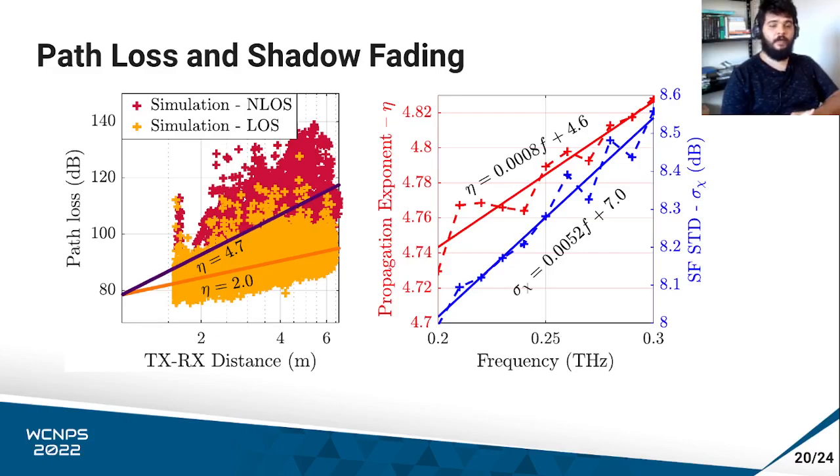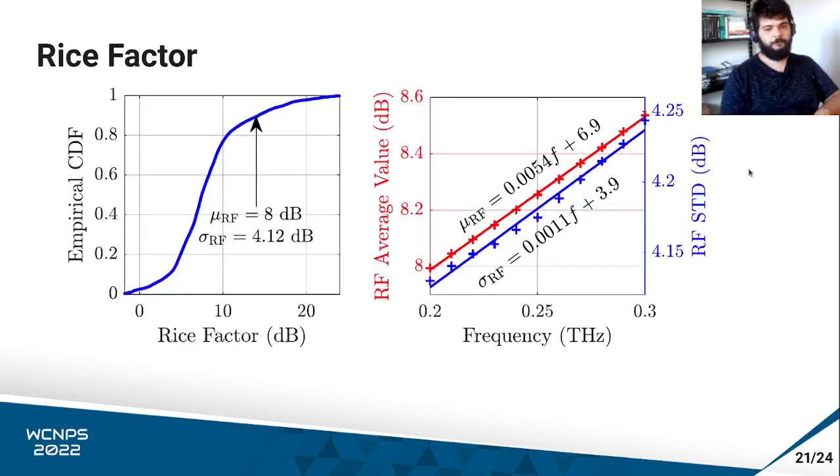The standard deviation of the shadow fading for non-line-of-sight links at 0.2 THz is equal to 8 dB, ranging up to 8.6 dB at 0.3 THz. According to the data obtained in the simulations, the rice factor has an average value of 8 dB and a standard deviation of 4.12 dB. As shown in the figure on the right, these statistics grow with the frequency.